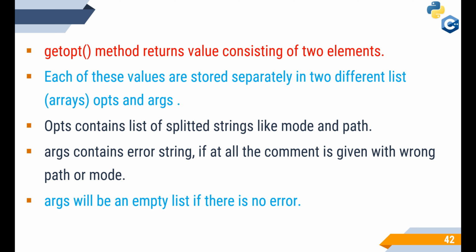Each of these values is stored separately in two different lists, opts and args. So opts contains a list of split strings like mode and path. So args contains an error string if the command is given with a wrong path or mode. Args will be an empty list if there is no error.